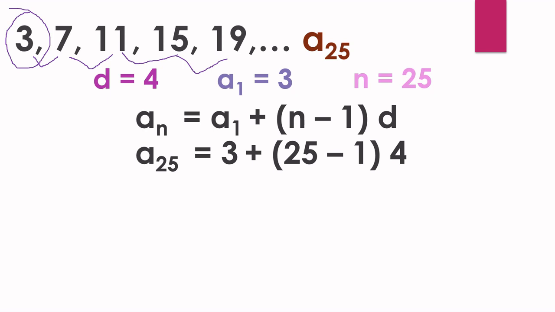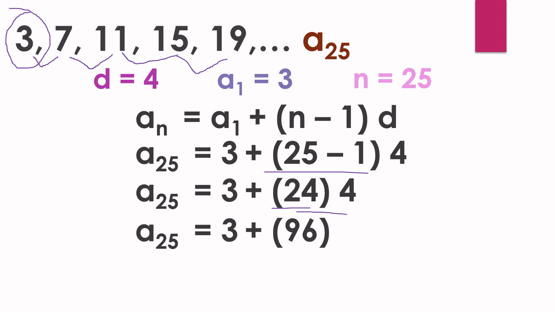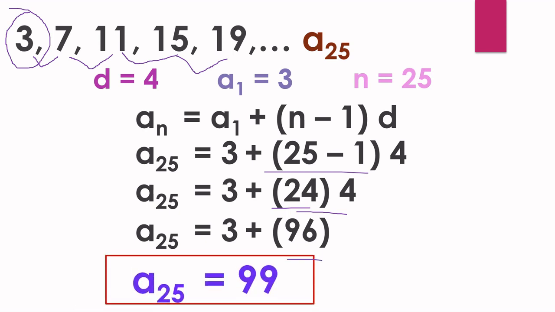So the 25th term is equal to 3 plus 25 minus 1 times 4. 25 minus 1 is 24. Then multiply 24 and 4, that is 96. And then add it to 3. Therefore, the 25th term is equal to 99.